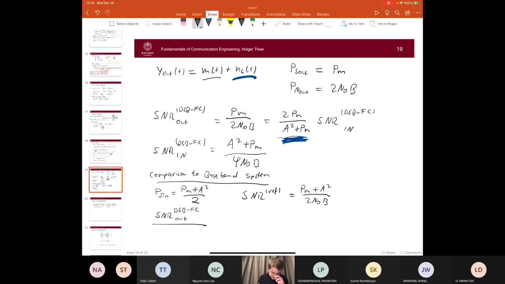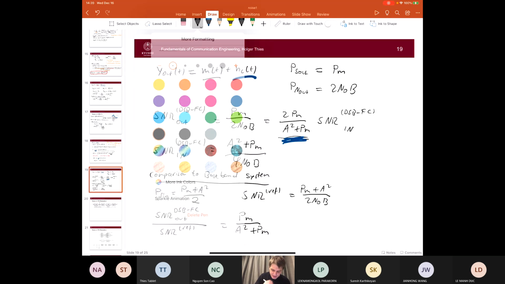So divide the output signal to noise ratio of our direct double sideband full carrier modulation scheme by our reference signal to noise ratio, and what we get is pm over a squared plus pm.